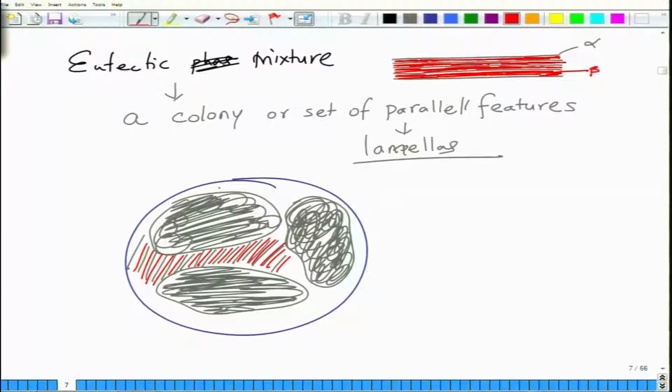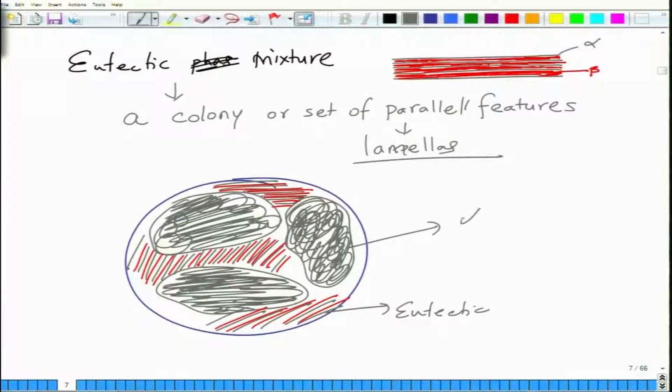They can grow in different orientations, so this alpha and beta could be like this, similarly here. So this is basically the eutectic, and this is the alpha phase.